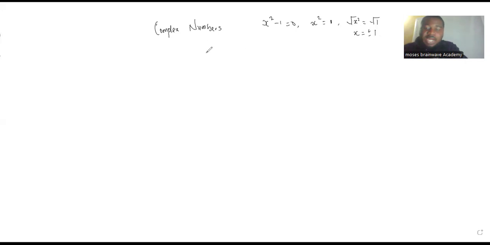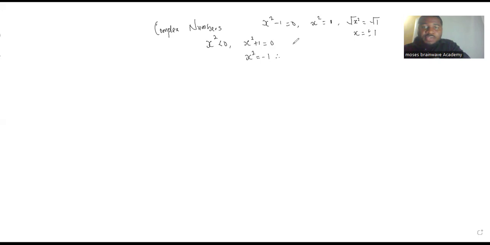Now, the question arises when you want to solve an equation like x squared plus 1 equals 0. If you look at this, you have x squared equals minus 1.